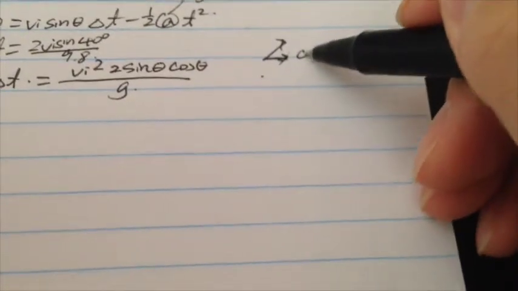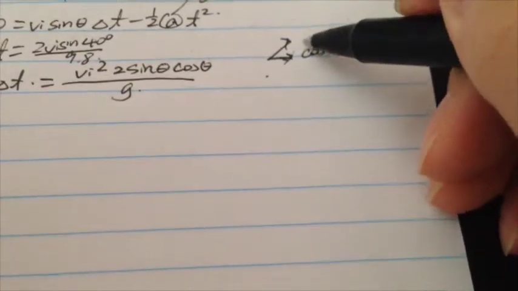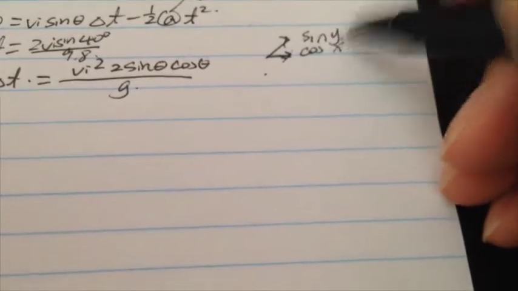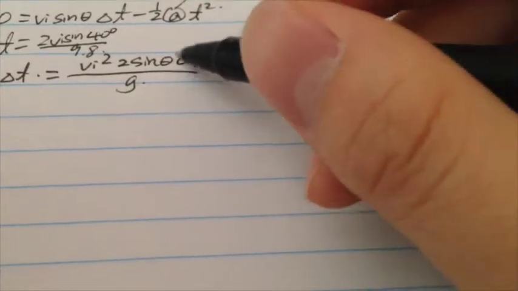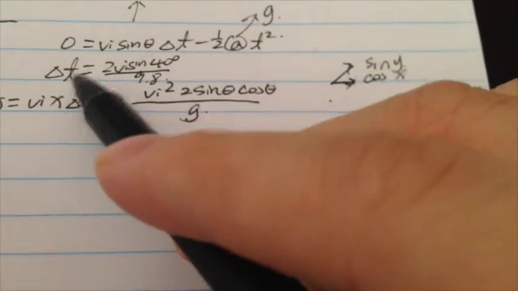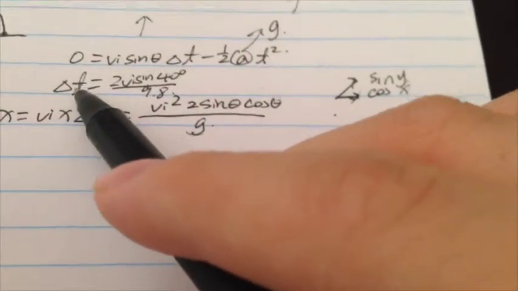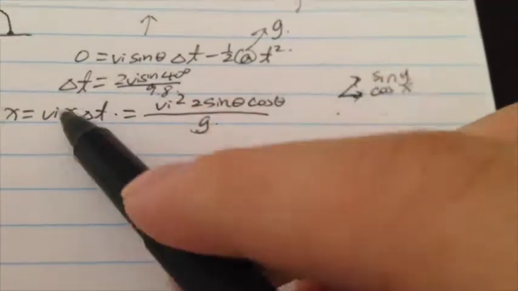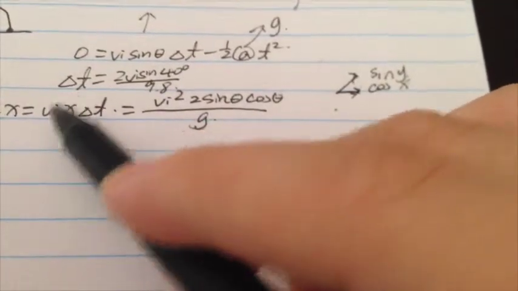Therefore, we use cos to find x and sine to find y, and that explains the cos theta. And the g is the 9.8 here, which is the acceleration. So basically I just substituted delta t into this equation and multiplied it by this equation.